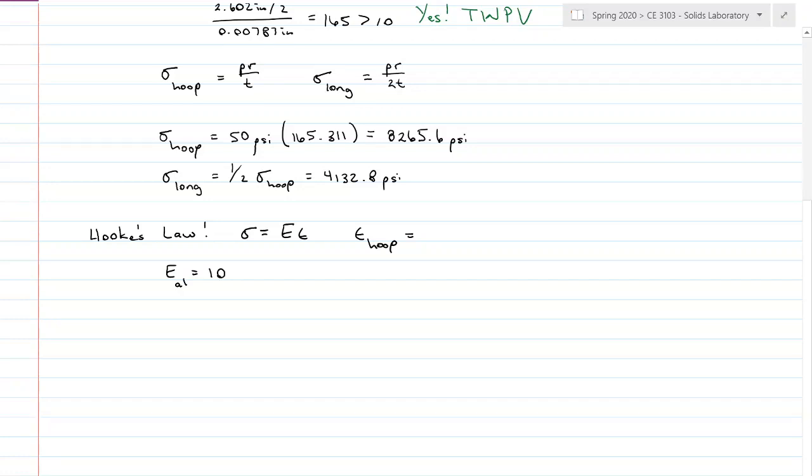Bet you it's the weaker one, so I'm going to say 10,000 ksi. So our hoop strain is going to be 8,265.6 psi all over 10,000 ksi. Remember, a k is 1,000 psi.